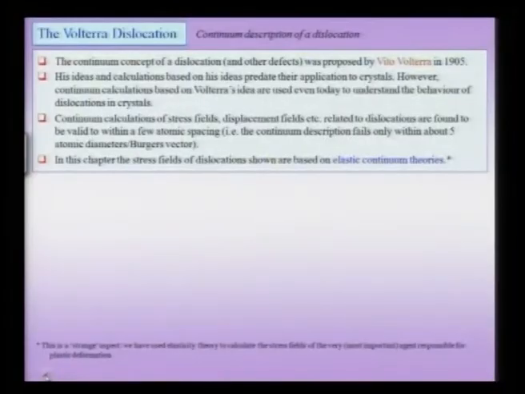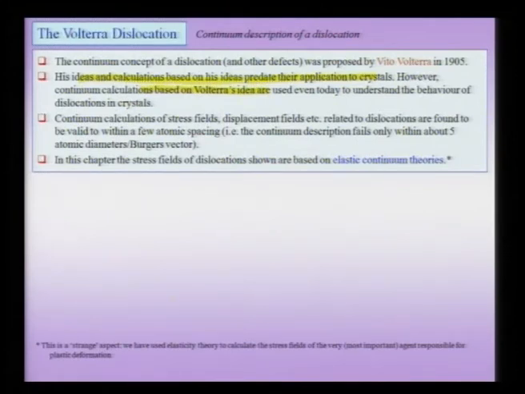In this case, there are no atoms, there is no crystalline order which we are considering, it is just a simple smooth continuum. But the important thing to note is that many of the things he had proposed predate their application to crystals, but even today the continuum calculation based on Volterra's ideas is very important for us to understand the stress fields and the behavior of dislocations in crystals.